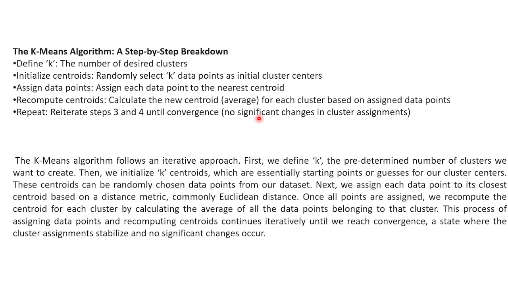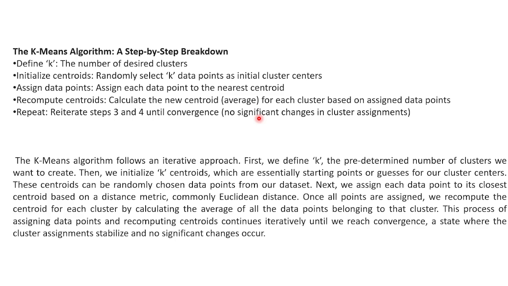Then we initialize k centroids, which are essentially starting points or guesses of our cluster centers. If k was decided, imagine you got 3 or 4, some number. Imagine you get 3. So you need to pick 3 points from the dataset. Any 3 points. It is not that you have to pick particular points.